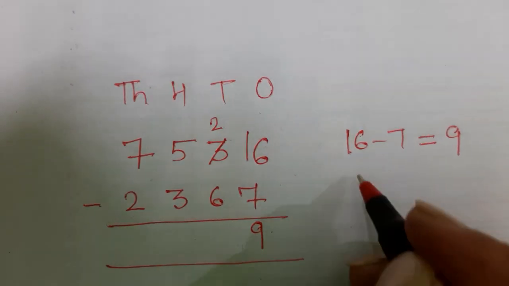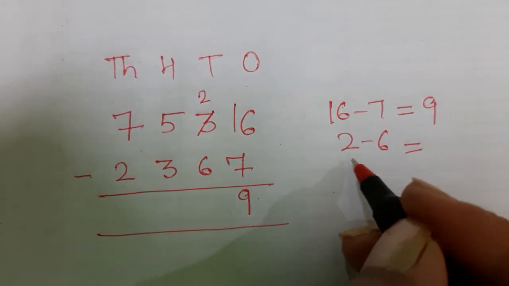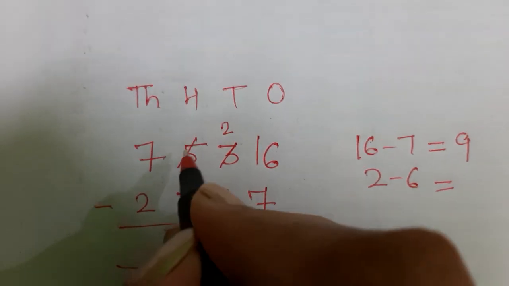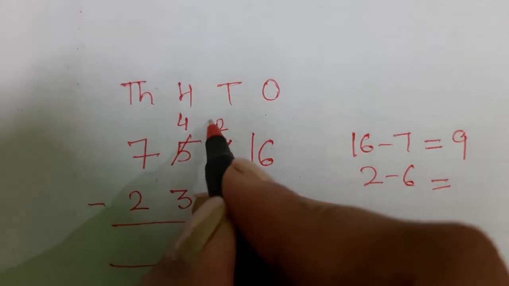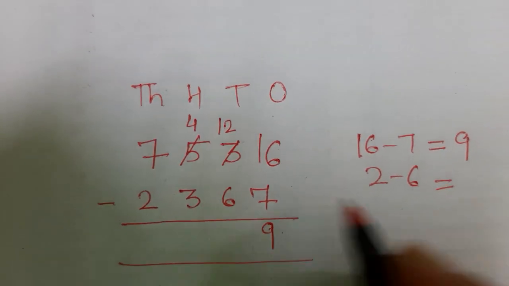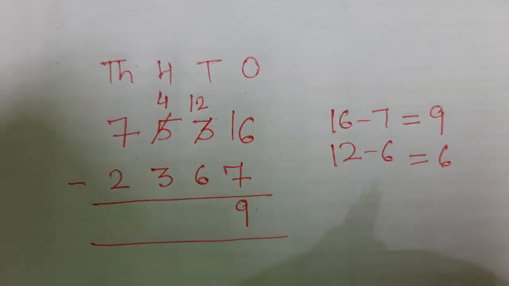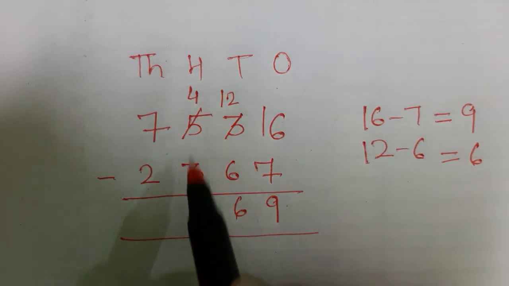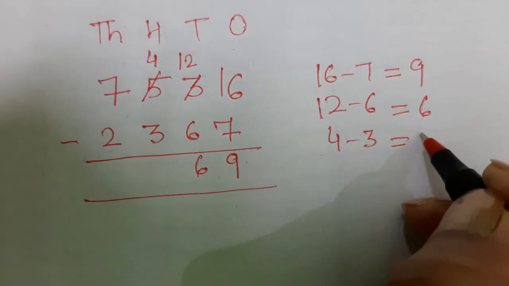Now again, 2 minus 6 is also not possible. Why? Because 2 is smaller than 6. So we have to borrow 1 from here. So it will be left with 4 only, and it will become 12. So now 12 minus 6 is easier to do. So 12 minus 6 is 6. So write 6 over here, and 4 minus 3 is 1.